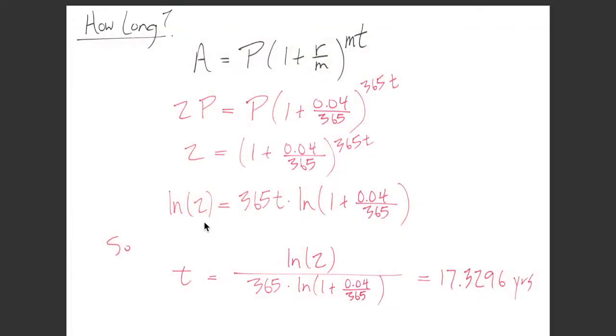And in a retirement account, you're going to be adding new deposits all the time, which we're not even considering here. So your retirement account can double in much less than 17 years if you just keep it in there, let the compound interest do its magic, and also keep your contributions going.